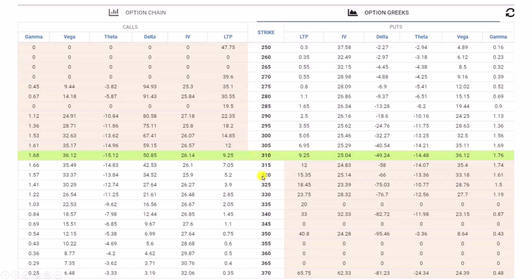So how do you select the strike price? Whether you have to buy the 310 CE or call option or the 310 put option, whether you need to buy the 300 call option or 300 put option, whether you need to buy the 335 call option or 335 put option. How do you decide that?